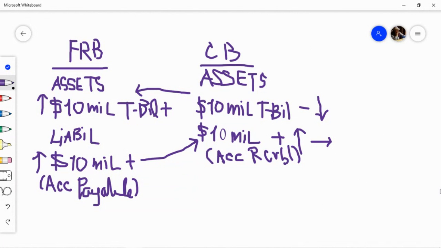And every day, the bank has something called required reserve. I talked about it. Required reserve is a certain percentage that, in the U.S. economy, used to be 10%.